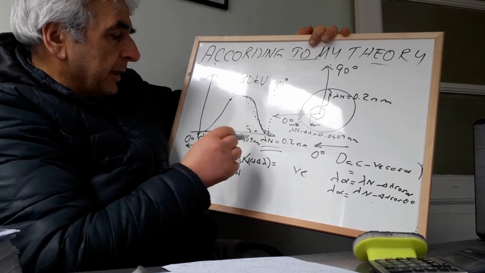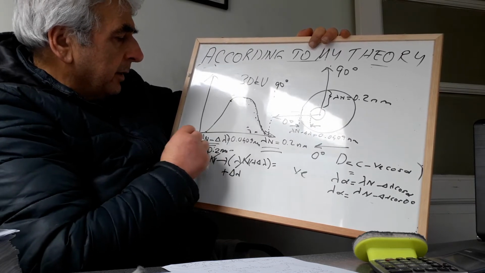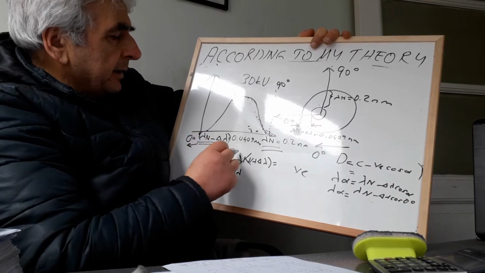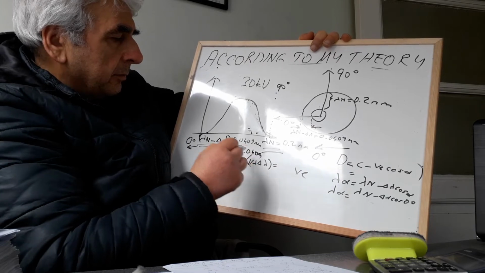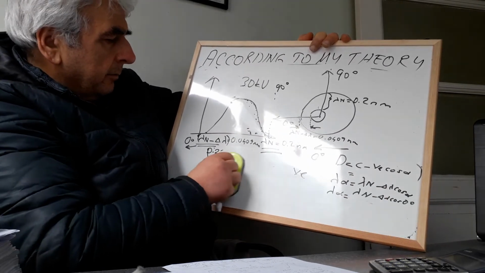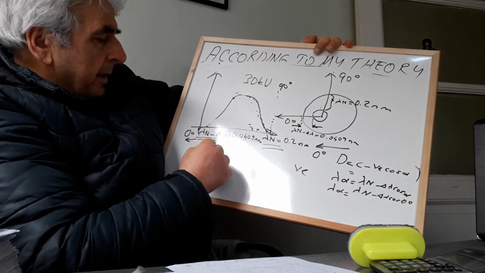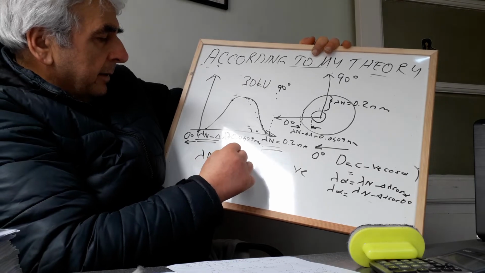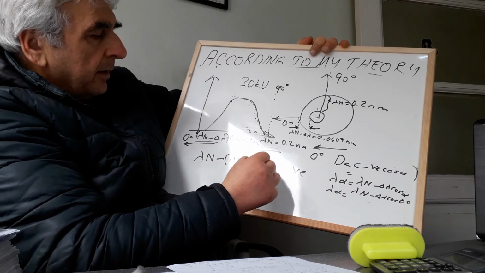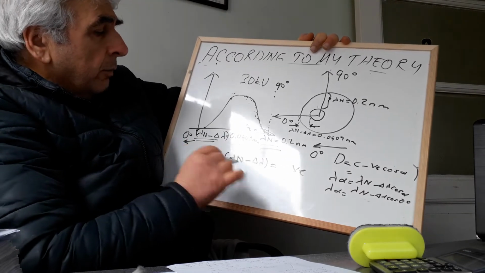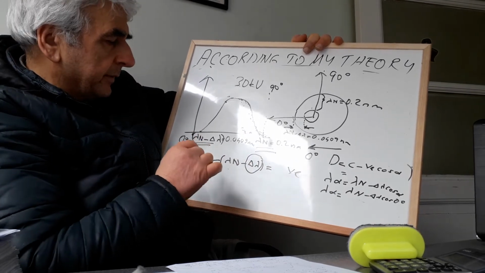Okay, what is λn? λn is 0.2 nanometer minus, what is λn minus Δλ? It is 0.0409. Okay, again, don't confuse. λn minus λn minus Δλ equals what? Here, we want to find that Δλ is important for us, okay?